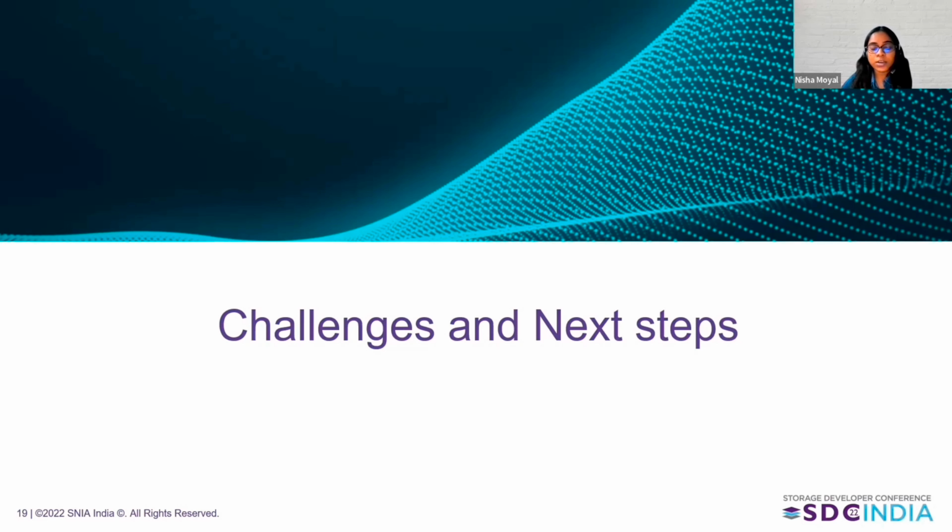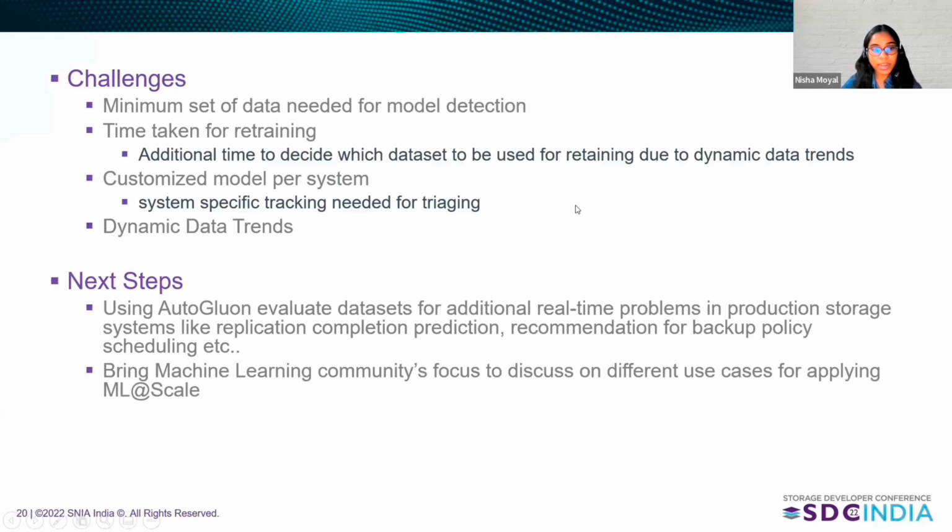Now, let me tell you what challenges and next steps we observed during our trials. So we observed these major challenges. First one is the minimum set of data needed for model selection. As we know, in a freshly installed system, enough data will not be present, which makes it difficult for AutoML to learn.